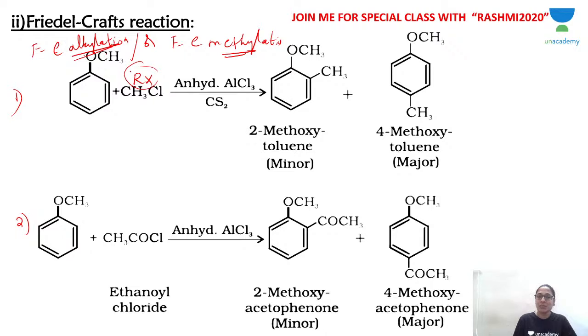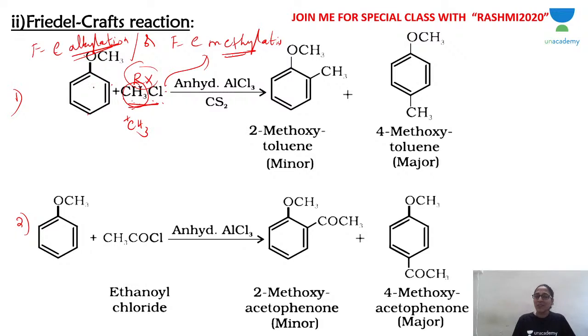If RX is used, as this is general RX, it is alkylation. Since you have used CH3Cl in this particular molecule, an alkyl halide, you call it methylation because the methyl group becomes the electrophile. So if methyl chloride or ethyl chloride, or in general an alkyl halide, is used for the Friedel-Crafts reaction, then such a reaction is called Friedel-Crafts alkylation. Here in this case it is Friedel-Crafts methylation, because a methyl group is going to be added to the ortho and para positions.